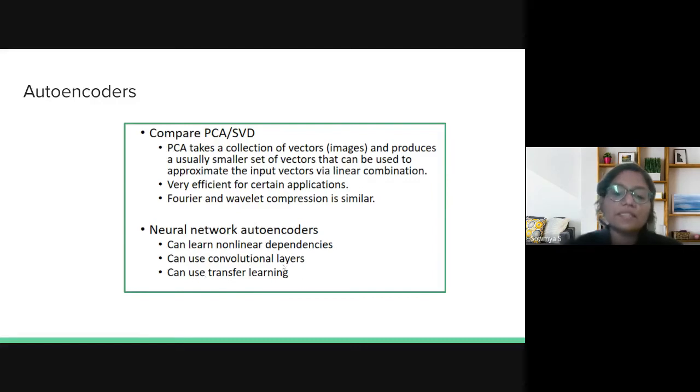Transfer learning is basically you train for one task and then you use that network for another task. So, transfer learning, as you can imagine, is really hard because what it is originally trained for is not what it is intended for. So, with this set of ideas, let's move into how autoencoders work.